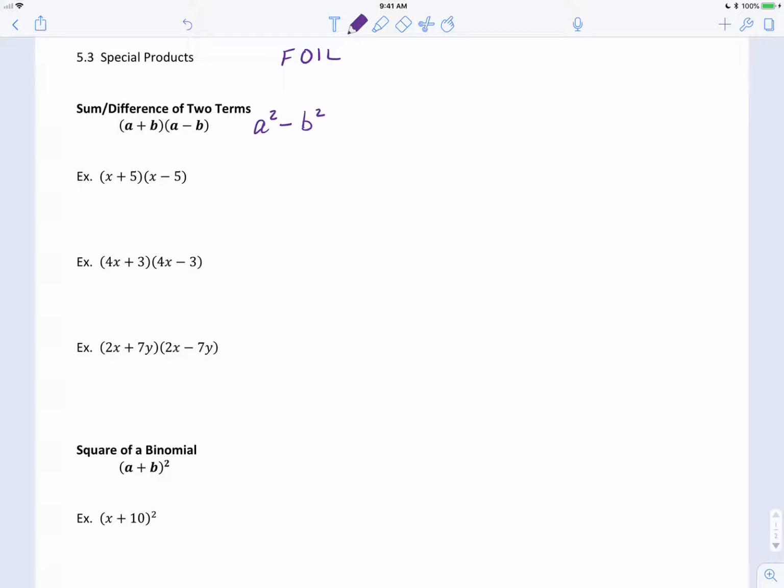So again, for this example, I'm going to do it the long way and then just show you how you end up getting that a squared minus b squared here. We're going to take the first term, x, and multiply it by both terms in the next binomial. So x times x is x squared. X times that negative 5 is negative 5x.